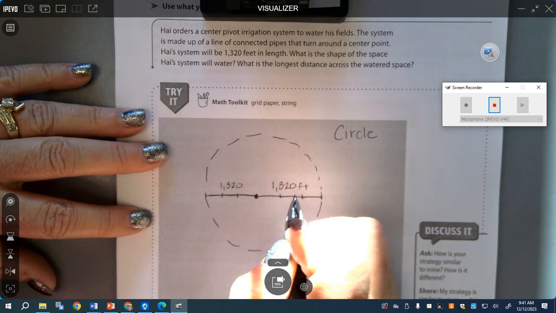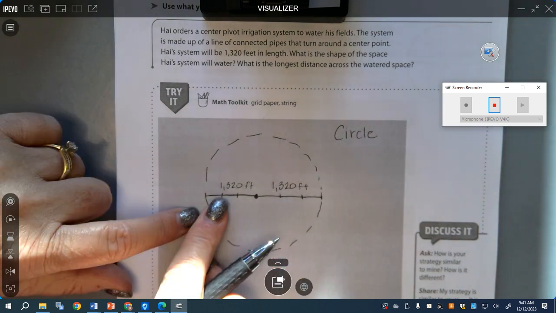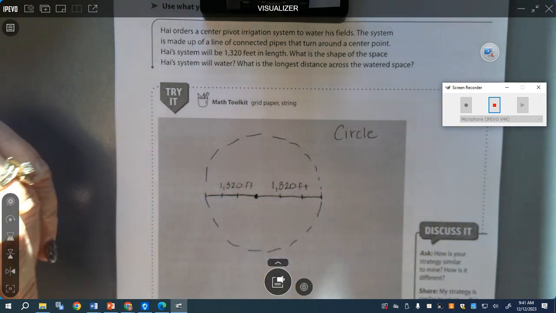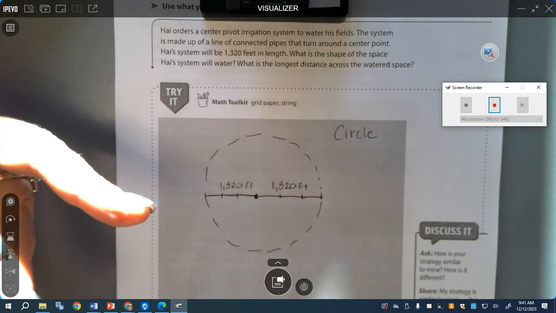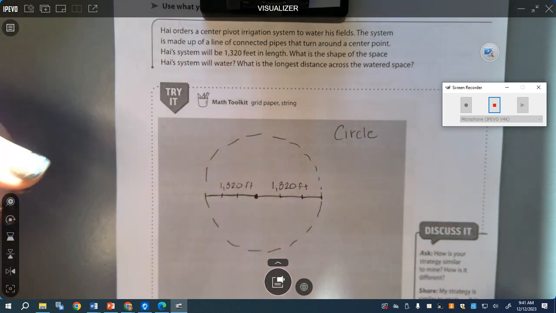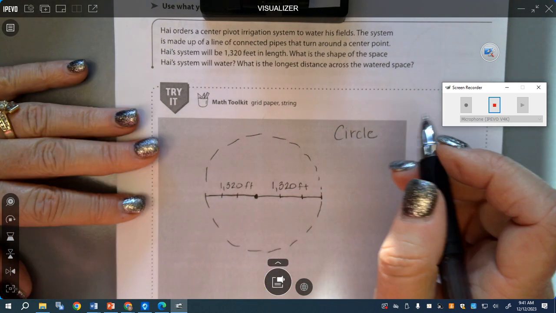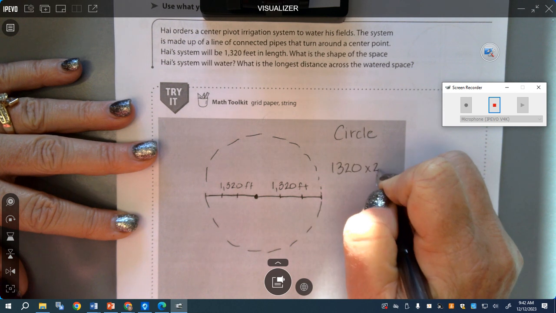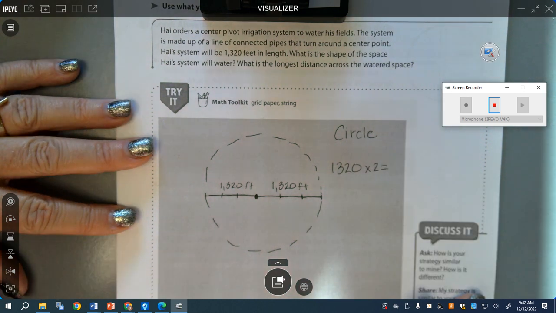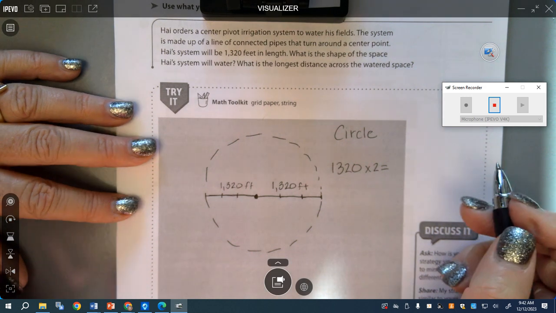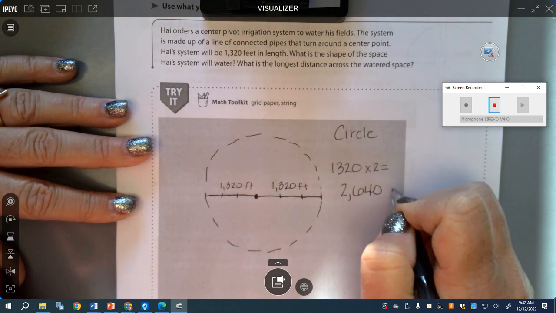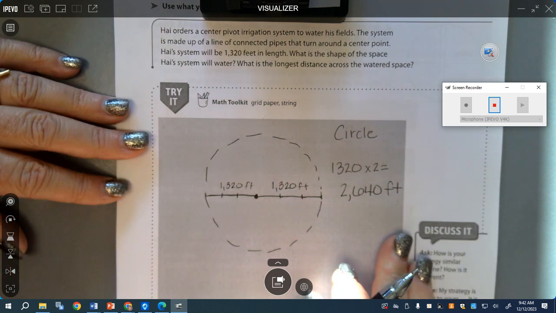Yeah. So this side is 1,320. This side is 1,320. What we would do is either add both of those together, or you could take this and multiply it by 2. So 1,320 times 2 comes out to be, what is it? 2,640. All right, so that's the longest distance across.